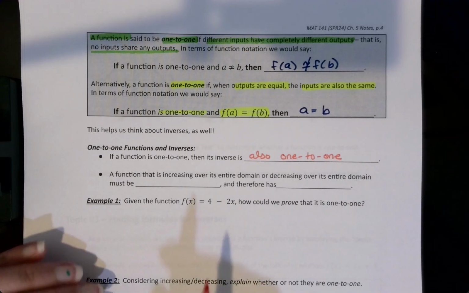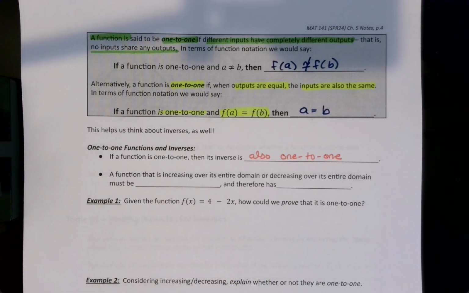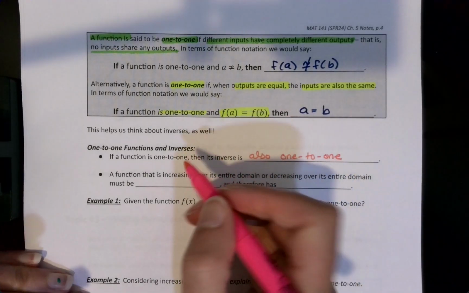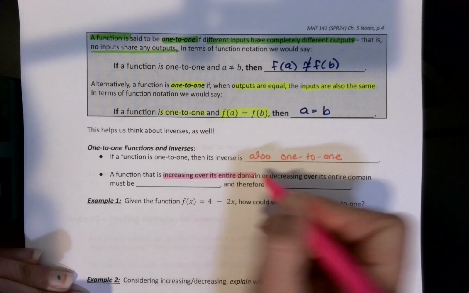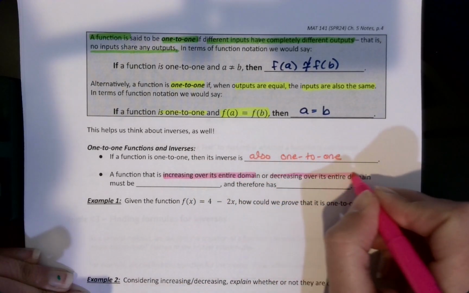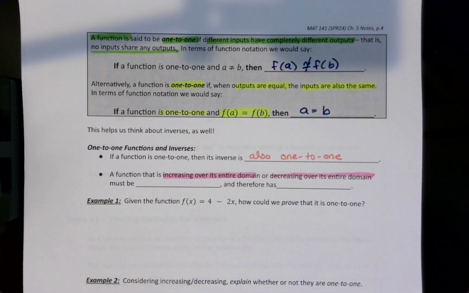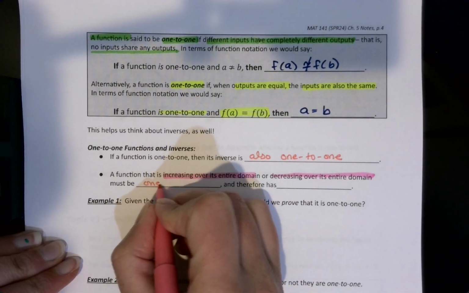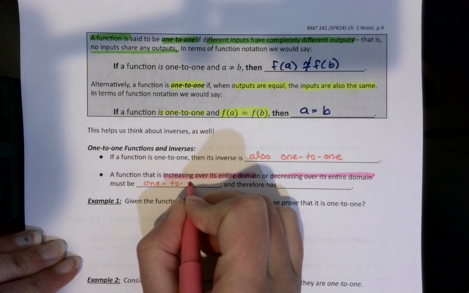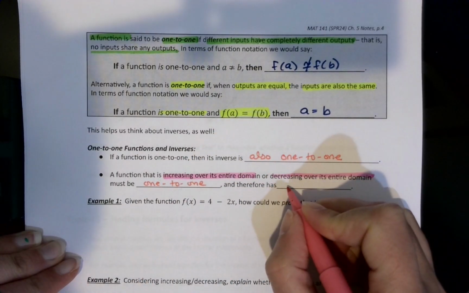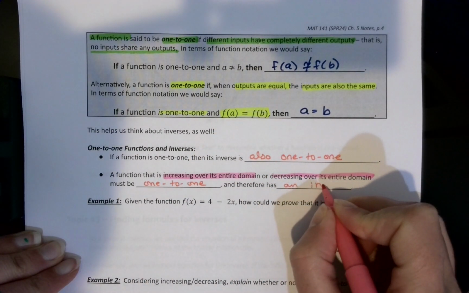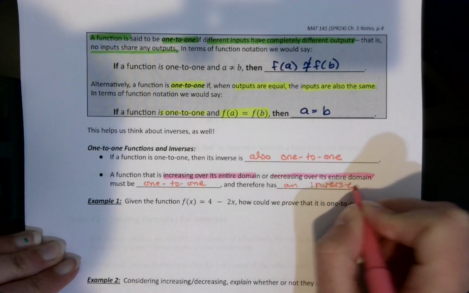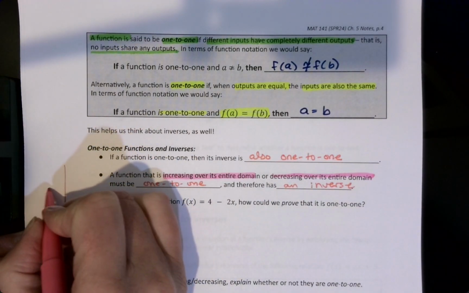Additionally, a function that is increasing over its entire domain, or decreasing over its entire domain, must be one-to-one, and therefore has an inverse. Just a quick little sketch of that right here.